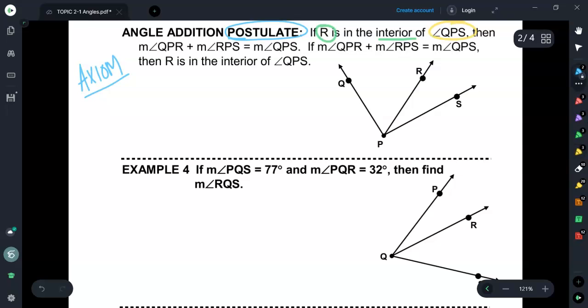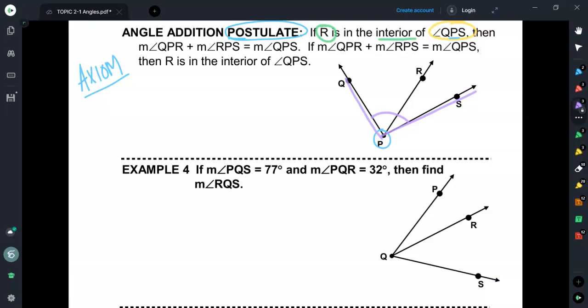Now, angle QPS, what does that mean? That means P is my vertex, right? And QPS means I'm going to go from Q to P to S. So I've got this big angle right here. That's angle QPS. And I'm going to take this point R and put it in the interior, as so.